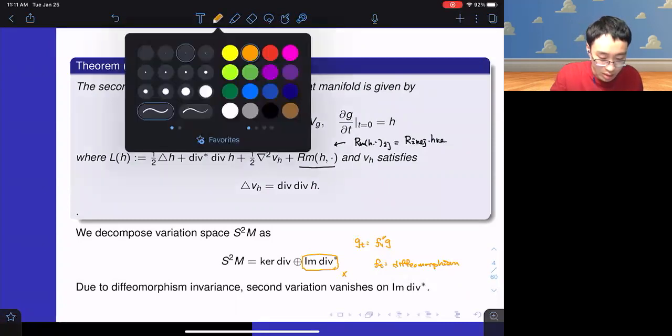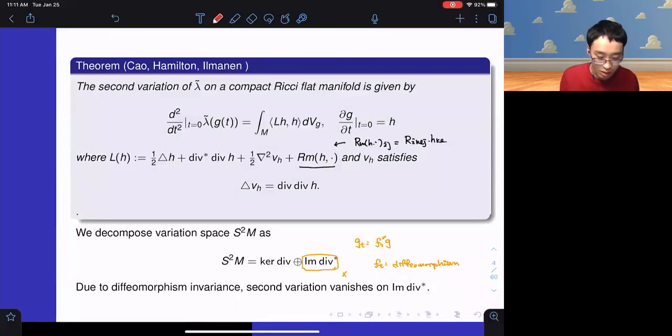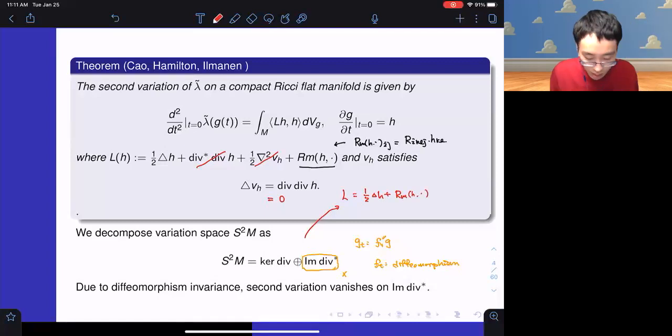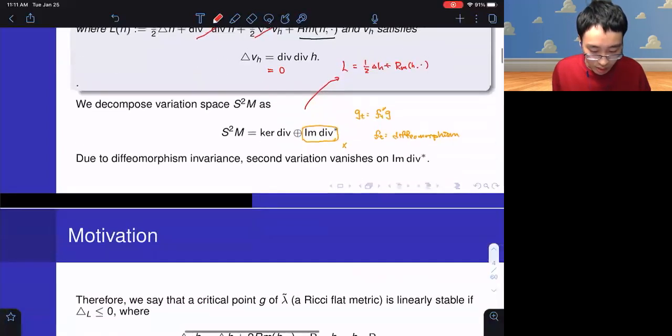And this is really a good thing because if your h lies in the kernel of divergence, then Laplacian v_h is 0. So v_h vanishes and divergence h vanishes. So actually our operator L in this case is half of the Laplacian plus the Riemann curvature tensor.